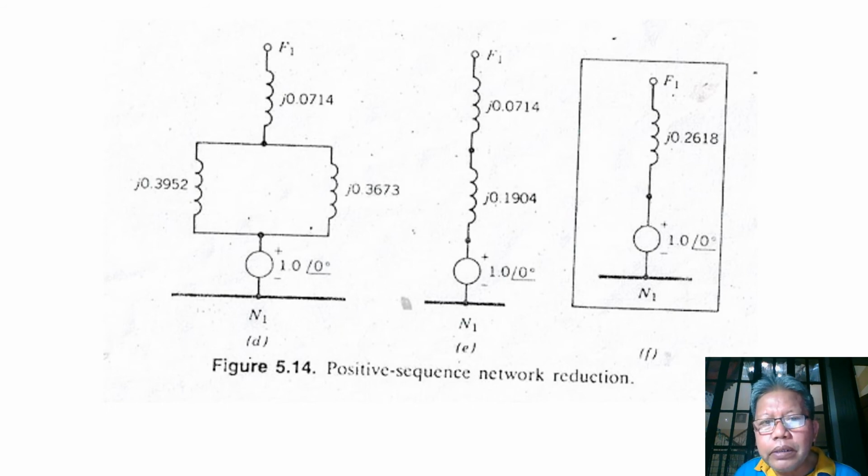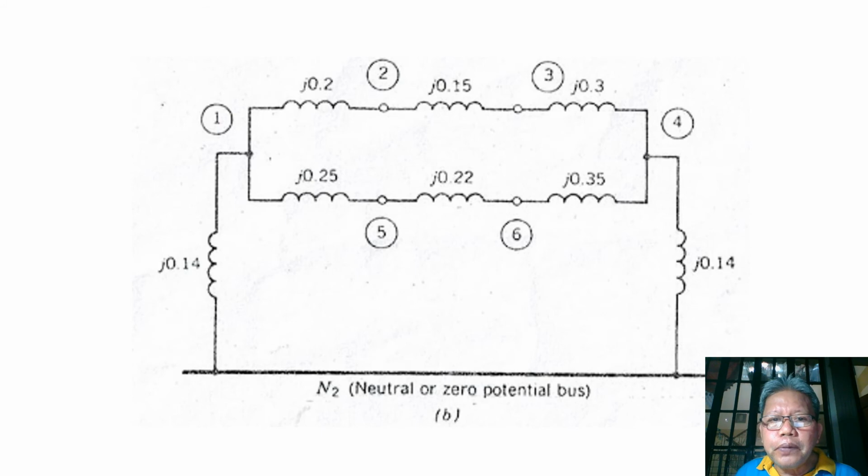Now for the negative sequence network, we have seen in the previous example that this is the case, with no generated voltage for generator 1 and no generated voltage at generator 2, and we have the connections of the transformers and the lines here. Again we look at the network with respect to bus 3, where we assume that there is a fault.